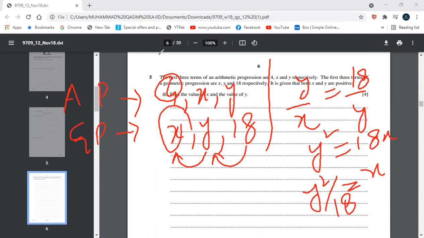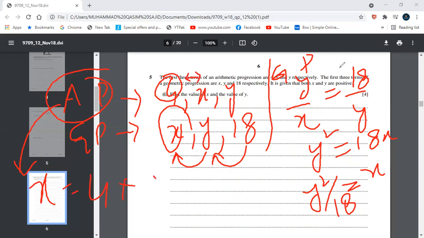So the first value in case of geometric progression is this, and for arithmetic progression we know that x equals, this value x, this must be 4 plus the difference d.